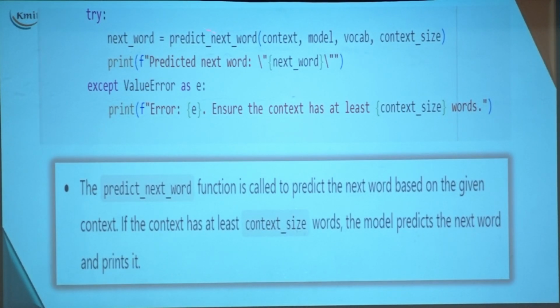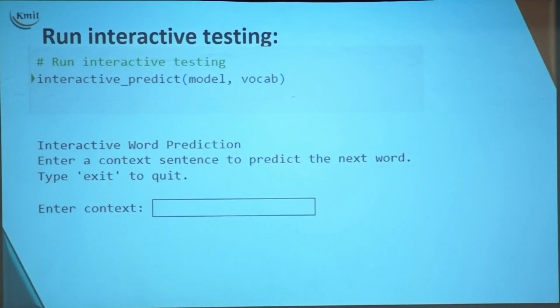You are calling predict next word, wherein you are invoking your model with respect to your context, vocab and context size, and printing the output next word. So predict next word is called to predict the next word based on the context. Otherwise, if the user has typed fewer words than your context size, it will generate an error.